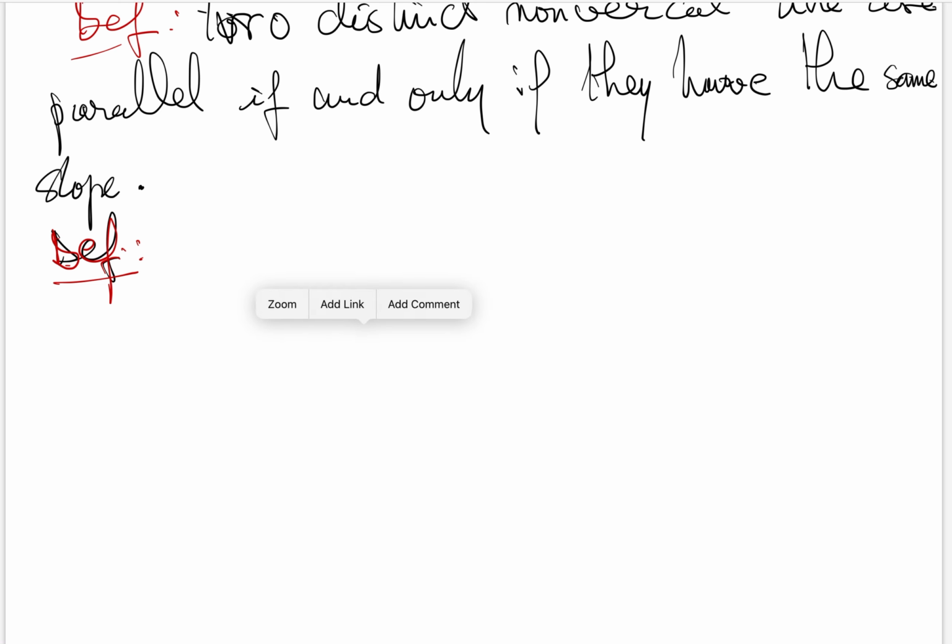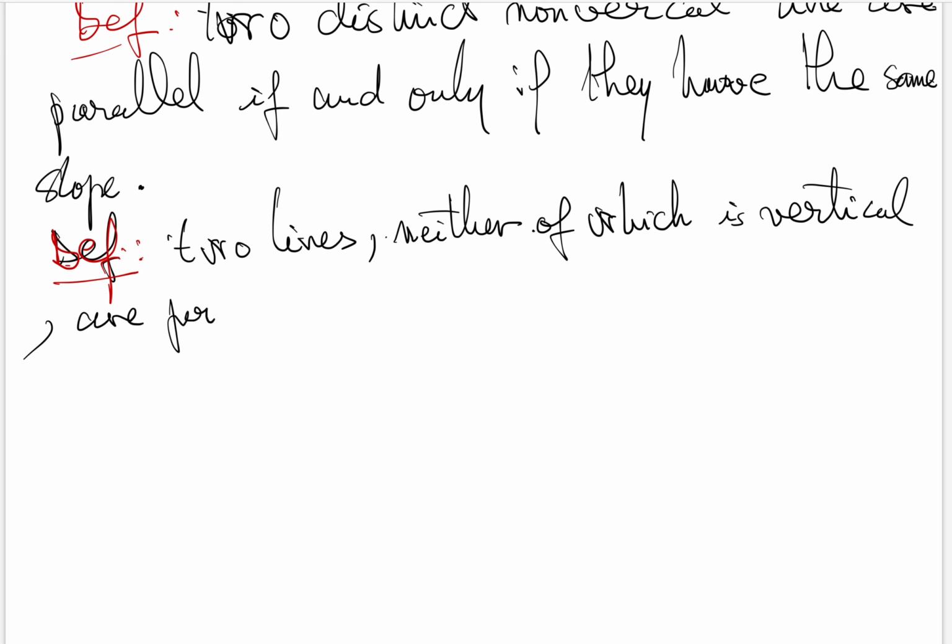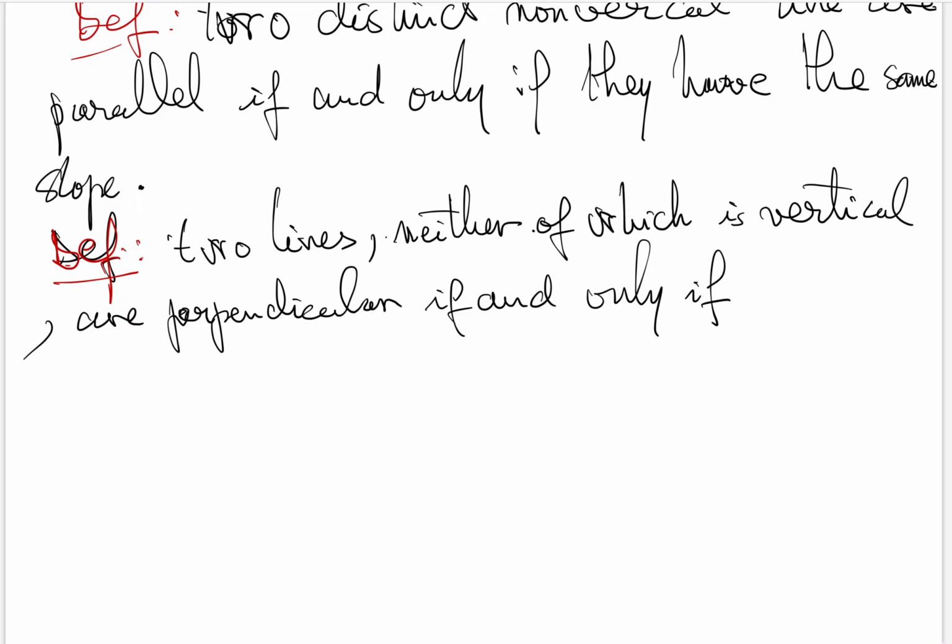Two lines, neither of which is vertical, are perpendicular if and only if you multiply the slopes and you will have a negative 1.